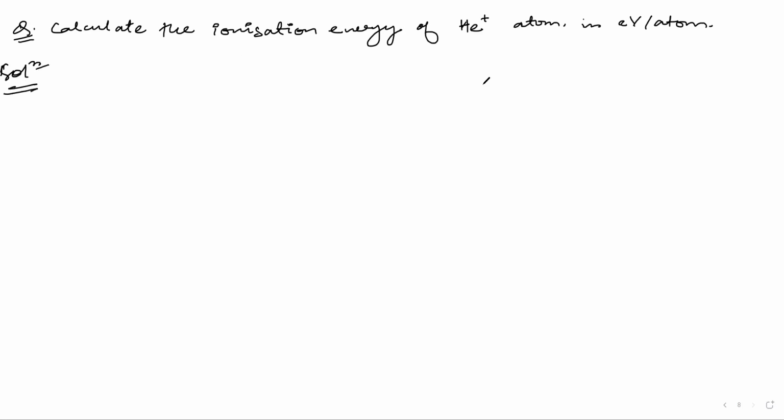You just have to put in the first formula. It's very easy. Ionization energy is equal to positive 13.6 Z square electron volt per atom. What will be the answer?